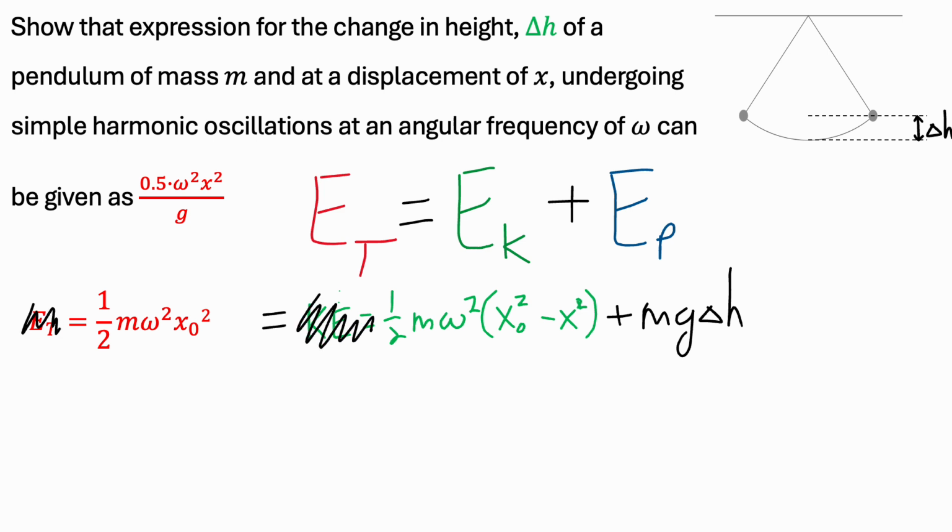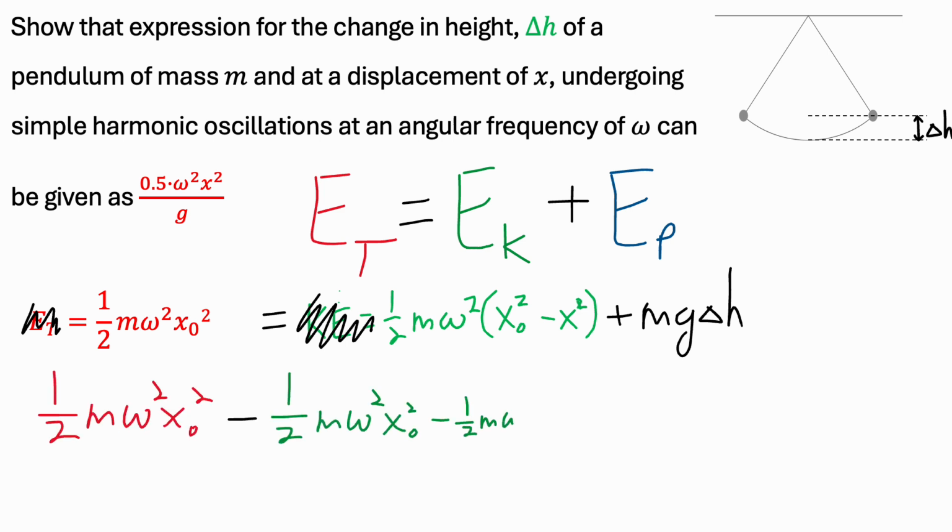And if we can solve this expression here, then we can figure out delta h and see if that red equation is equal. So what we do, you'll notice that for the green equation, I've moved it to the left hand side of the equal sign. I've also multiplied out the brackets.